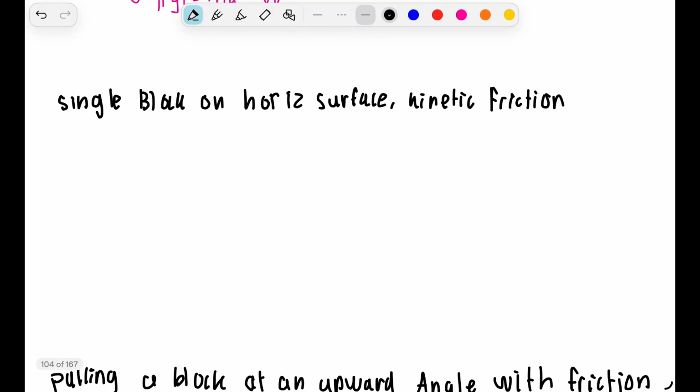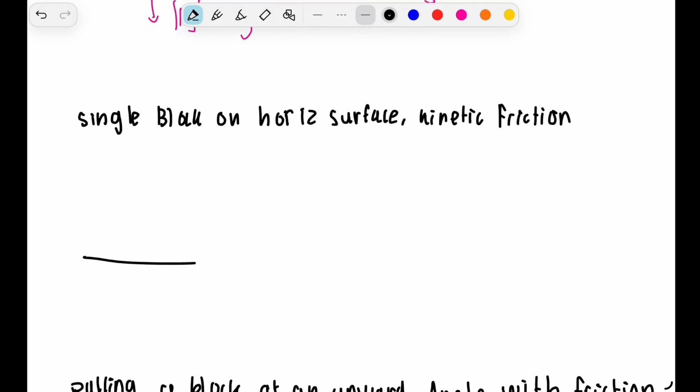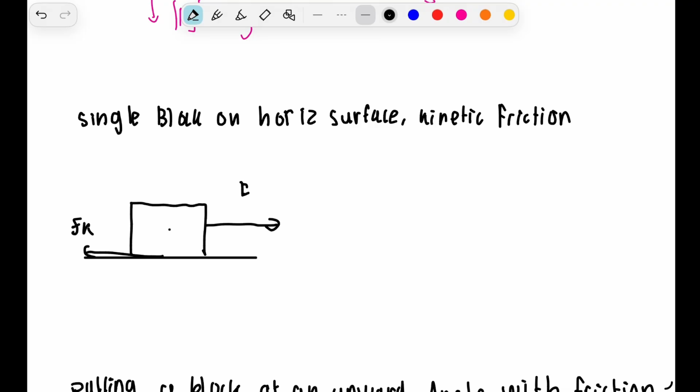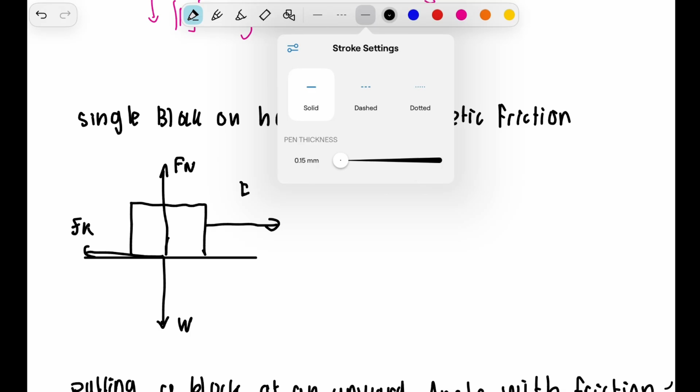Now, what if you have a single block on a horizontal surface that has kinetic friction? So in this case, you have this block and kinetic friction, which is going to be Fk. So if you have this block that is pulled horizontally by the force F, and it's sliding across this rough surface, we still have our normal force acting upward, and we still have the weight force acting downward.